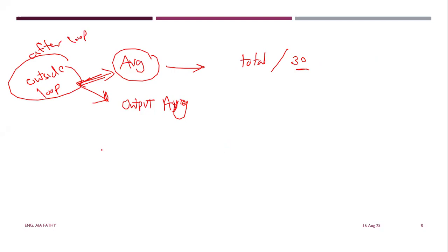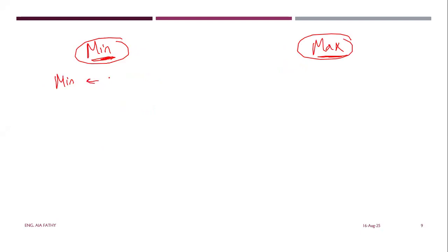Okay, and also we talked about how we can find a minimum and how we can find a maximum value. If we want to find the minimum, at first we will start with minimum or low or anything with a large number. If we want to find the maximum, you can use maximum or high, so we start with a low number. You will check if the thing which you are searching on is less than minimum, you will assign this to minimum.